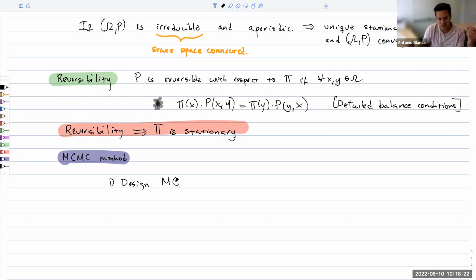I'm going to use this for Markov chain from now on. Design a Markov chain converging to the target distribution pi, right? There are some ways of doing this. There is some recipe and some cooked-up examples that we know.